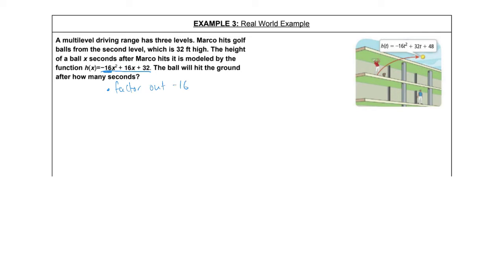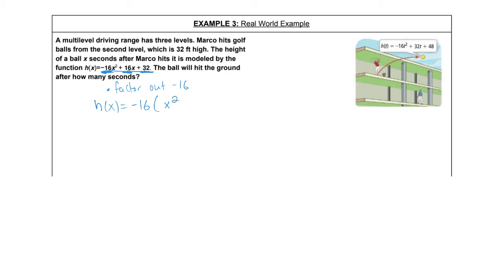So we get h of x equals, I'm going to take out negative 16 from all 3 terms. So I'm dividing each term by negative 16. Negative 16 divided by negative 16 gives us 1x squared, or just x squared.